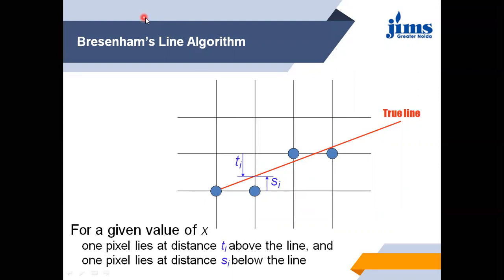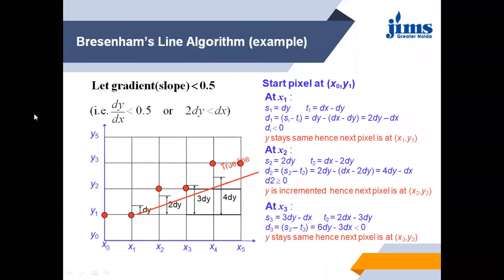Like DDA, we can take a variable x on the x coordinate, increment the value of x by 1 every time, and find the value of the y coordinate. From this example we will discuss the things, and it will be clearer to you.